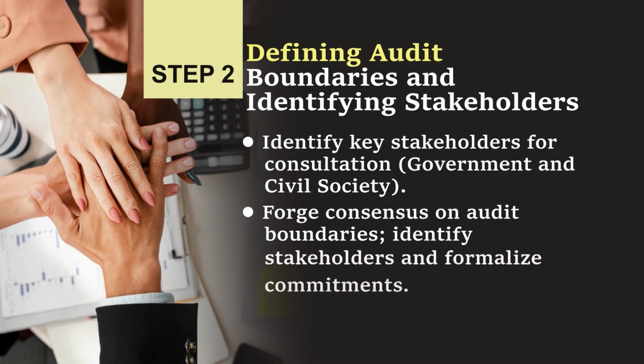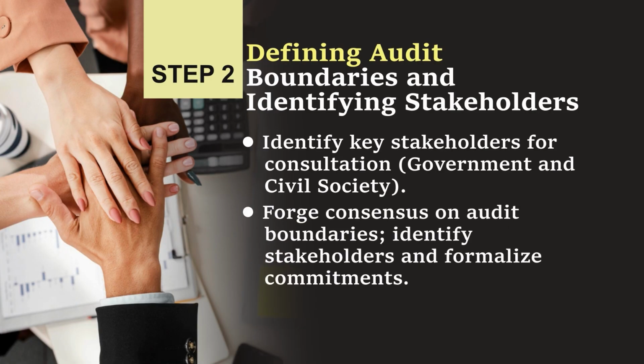We need to forge consensus on audit boundaries, identify stakeholders and formalize commitments. What are the commitments of each stakeholder? Whether they are ready to give commitments, and what those commitments are. Once they agree to commit to certain activities in social auditing, they have to respect those commitments and implement them when we conduct social auditing.